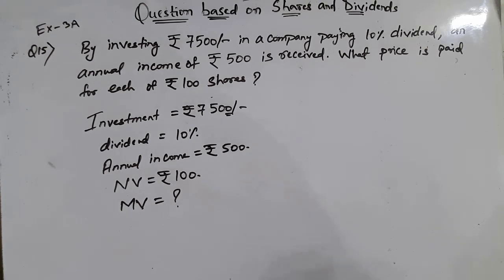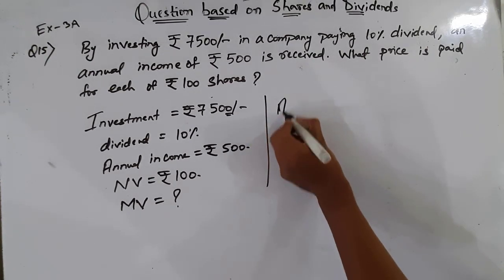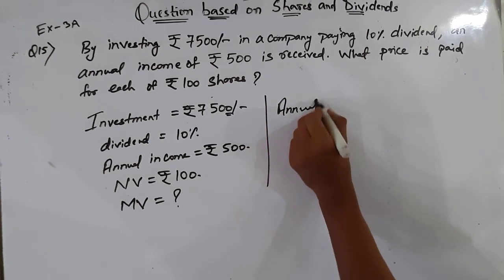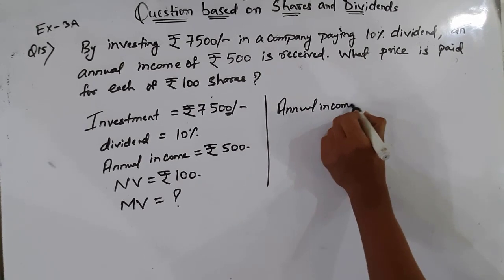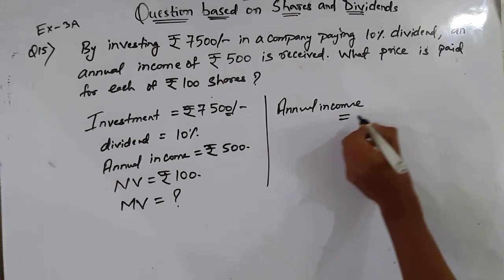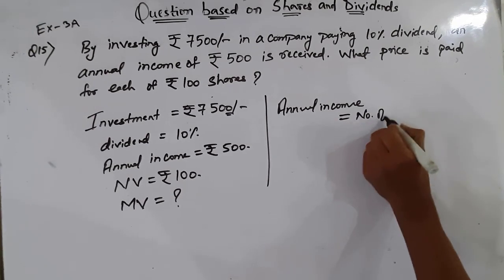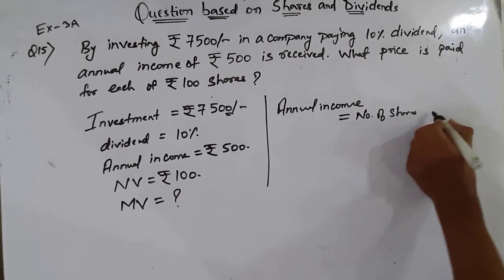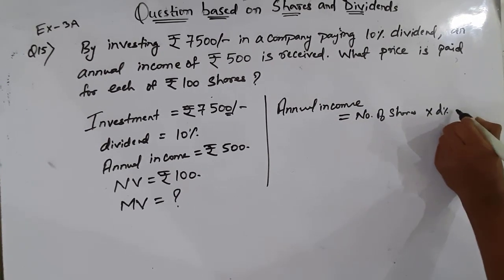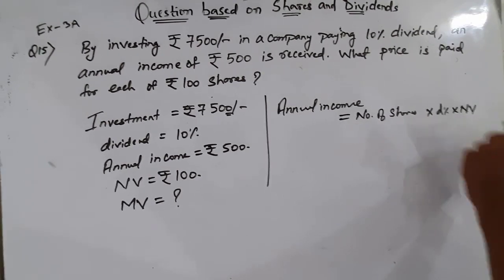So we know the formula. Annual income equals number of shares multiplied by dividend percent multiplied by nominal value.